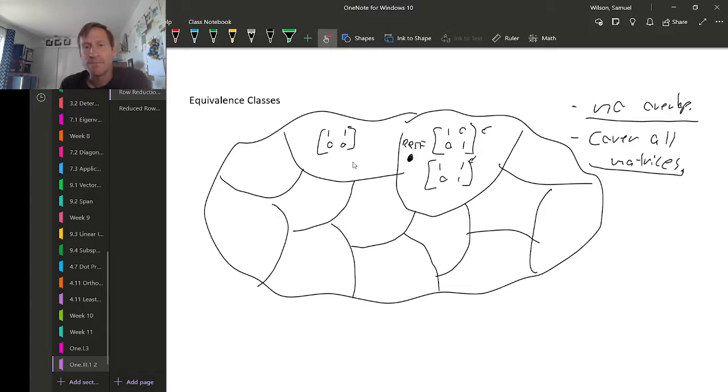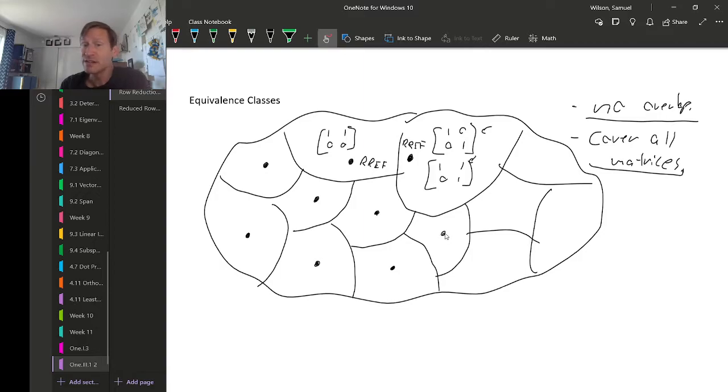So the upshot of all of this is that each equivalence class will contain a reduced row echelon form matrix, and in fact will contain exactly one reduced row echelon form matrix.